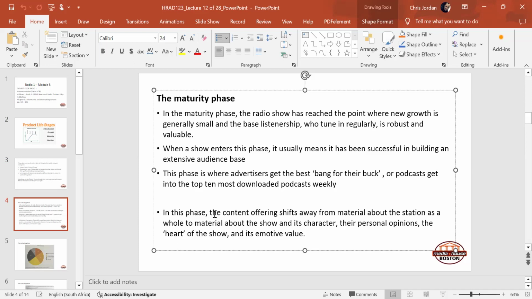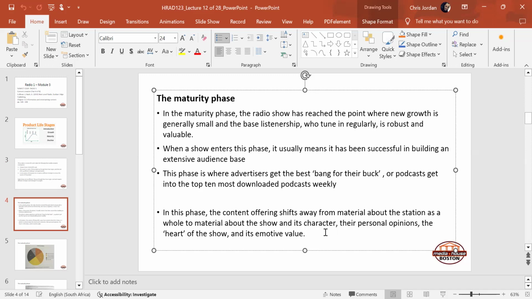So in this phase, the content offering shifts away from material about the station as a whole to material about the show and its character, their personal opinions, the heart of the show, and its emotive value. So here we're getting highly opinionated, but also respected presenters.